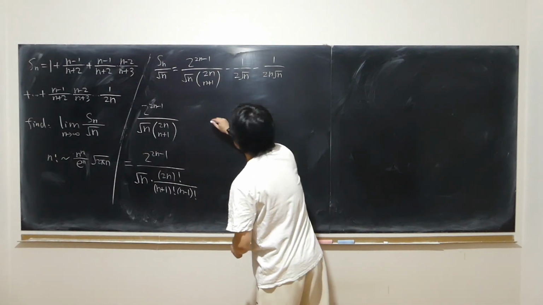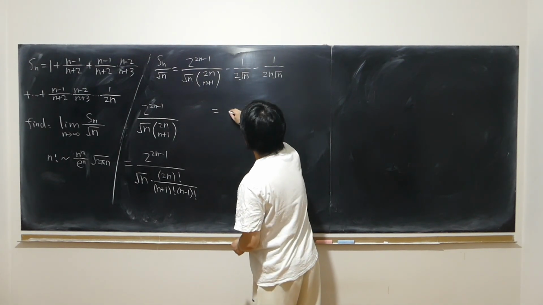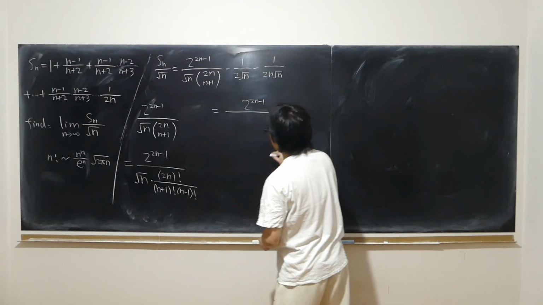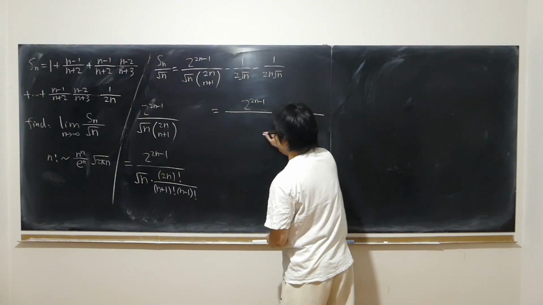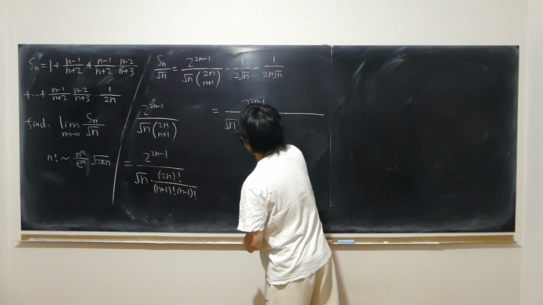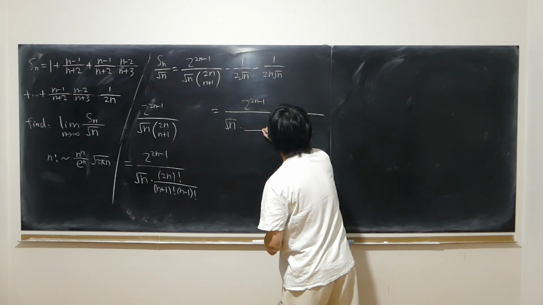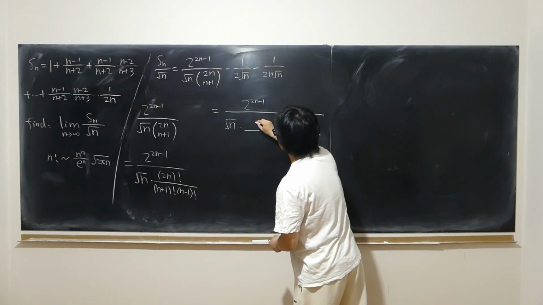So here I say 2 to the 2n minus 1, and here you have square root of n times 2n.